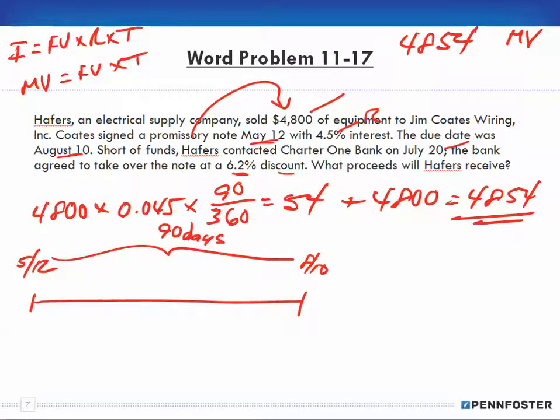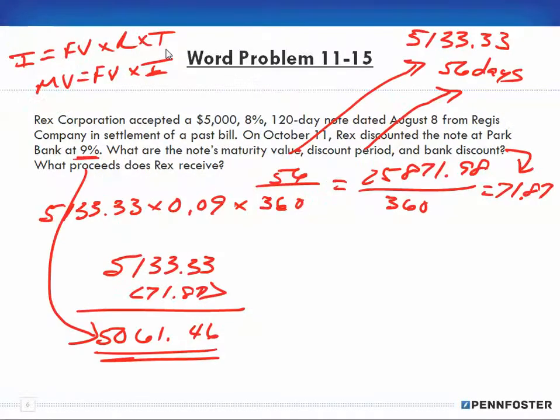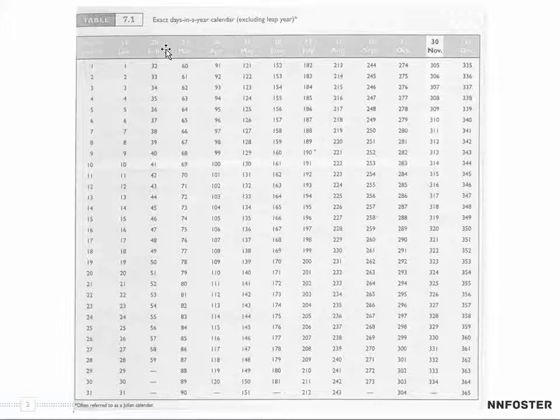Okay. So on July 20th, so let's make this July 20th, right? The bank agreed to take over the note. So what we need to know is how many days between here and here, the number of days passed, and this is the discount period. Okay, so we need to come back up and look at, we were at May 12th, which was when the note originally started.